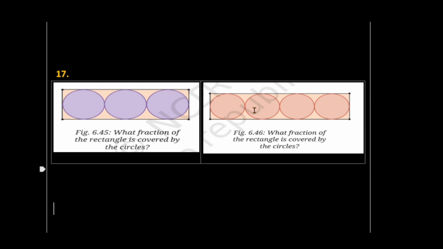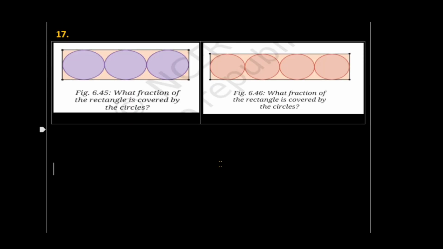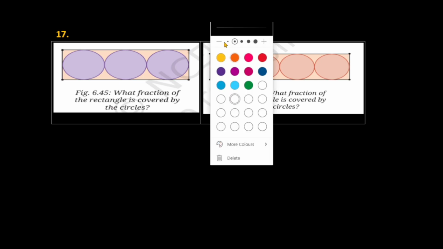So take the radius of the circle as R. If this is the center, R, so the diameter is 2R. Here also R plus R. Here also R plus R. So the diameter is 2R.